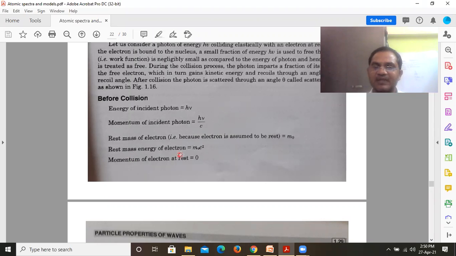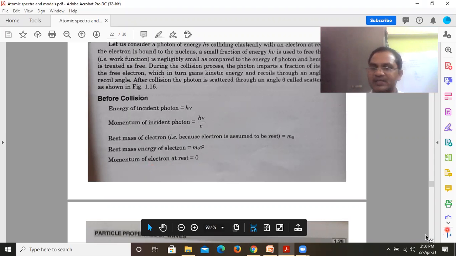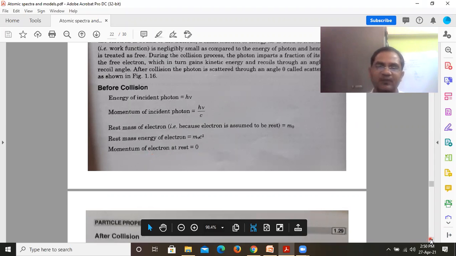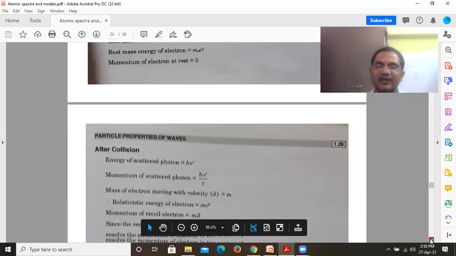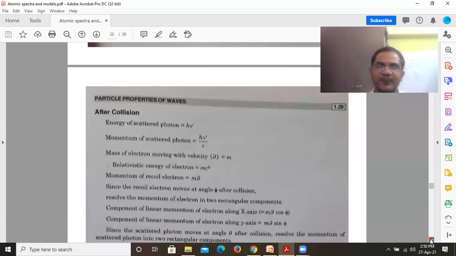Rest mass energy of the electron according to Einstein's mass energy relation is m naught c square. Momentum of the electron at rest, before the collision, is 0.